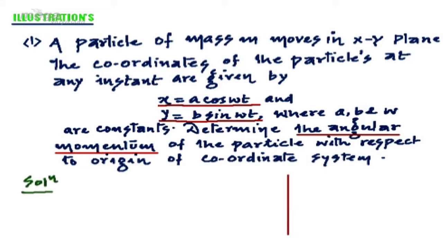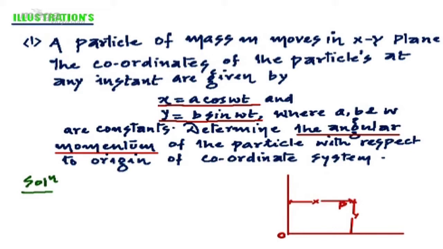Firstly, let's draw a coordinate system. Let the particle be placed at this point, and let us name this point P. This distance can be given as y and similarly this distance will be given as x.